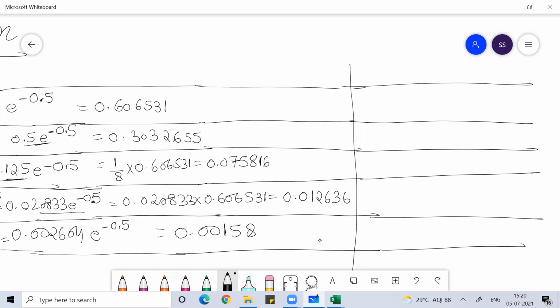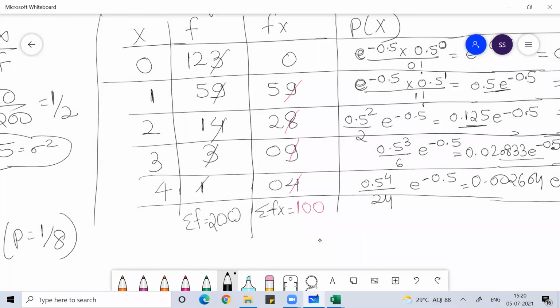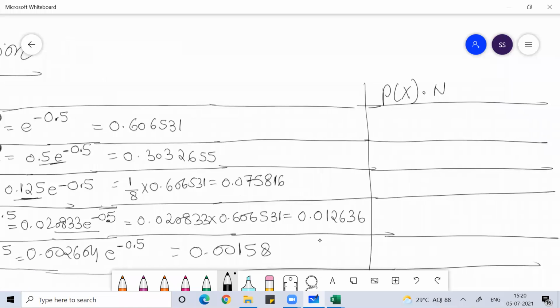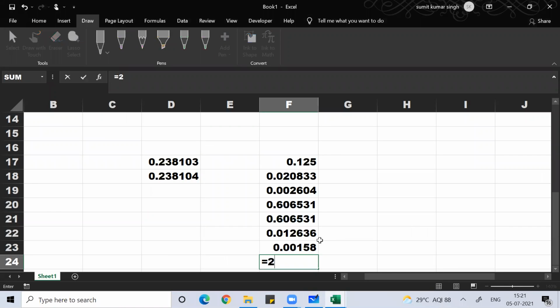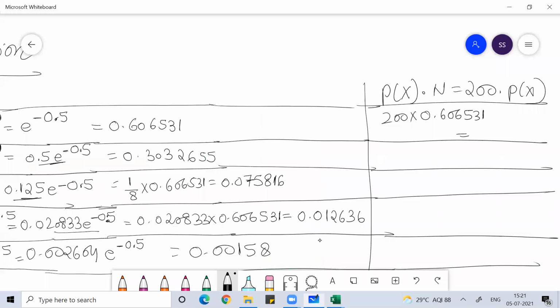So here what I'll do, I'll find p(x) into n. N is 200. So 200 into p(x), 200 into 0.606531, which is approximately 121.